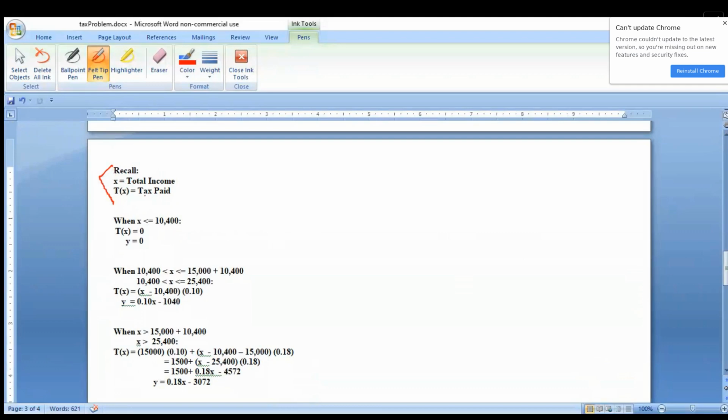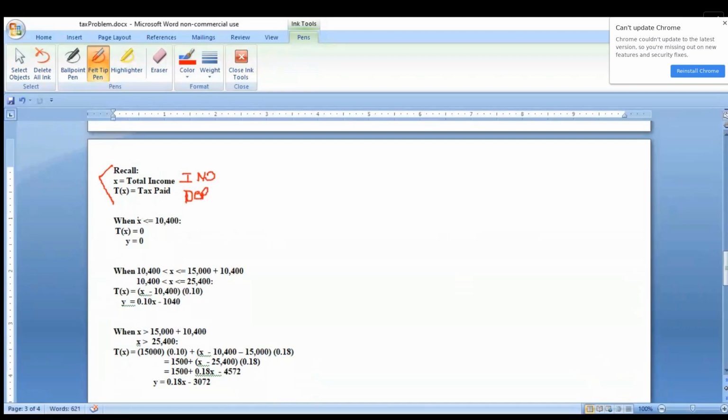In other words, the tax paid is dependent on our total income. Our total income is independent. It's an independent variable, X. Tax paid is a dependent variable. You'll hear those words sometimes. So those are our variables.